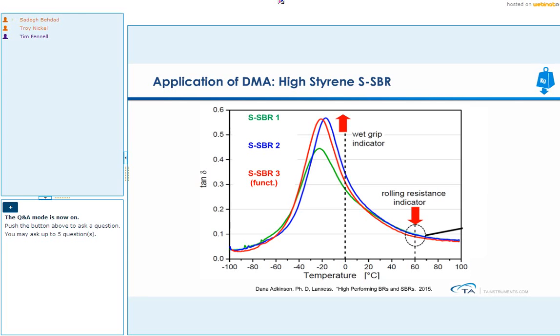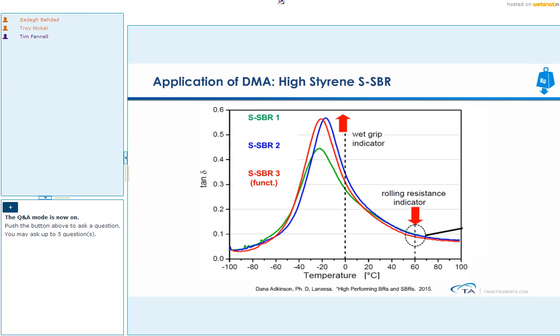In this example, we can see that when we went from formulation 1 to formulation 2, we improved the wet grip and the rolling resistance didn't change much.